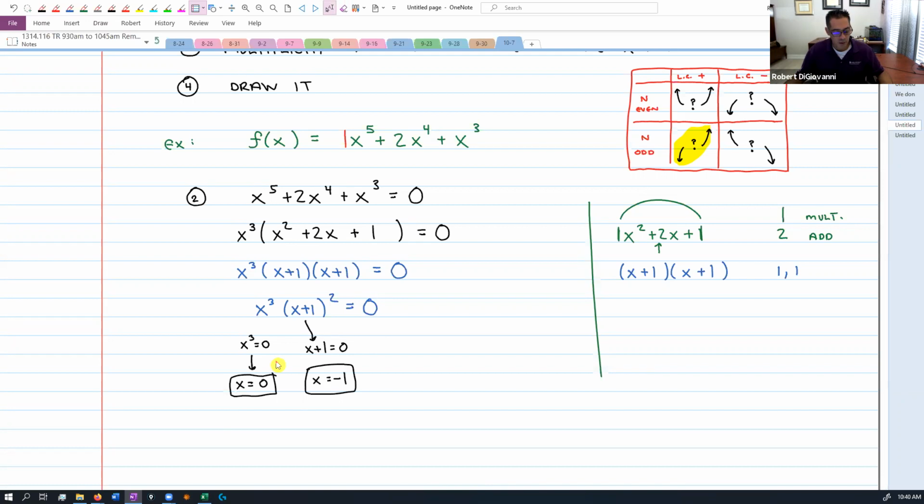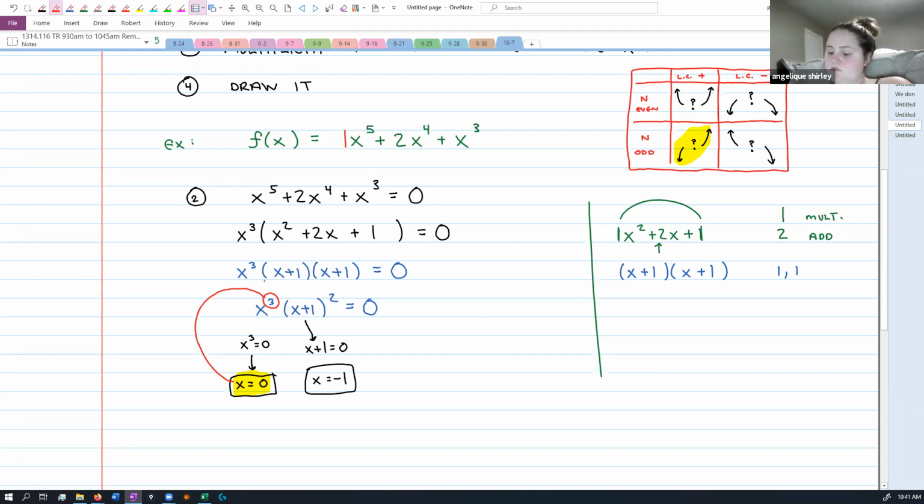What is the multiplicity now? So let's look at the 0, this one right here. What is the power of the factor it comes from? Odd, right? 3, that's odd. What does odd tell us we're going to do here then?